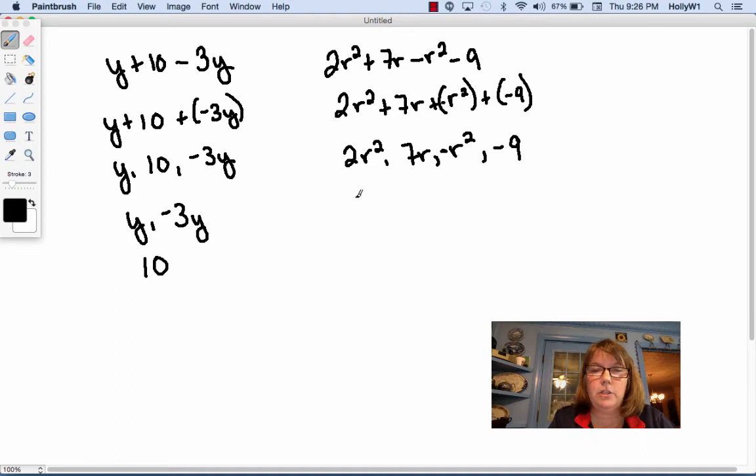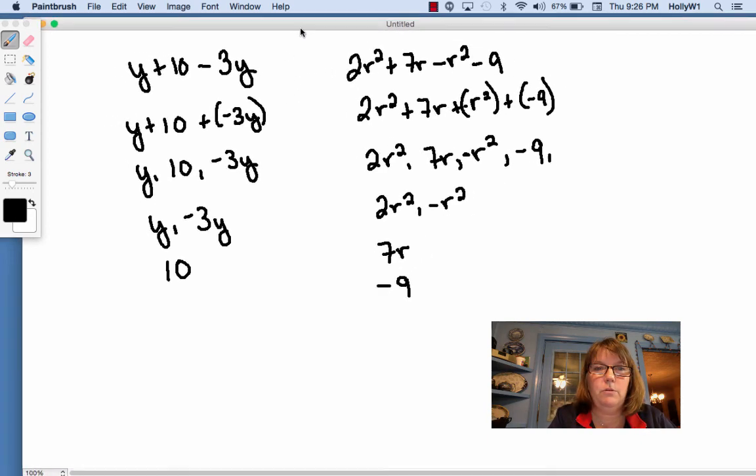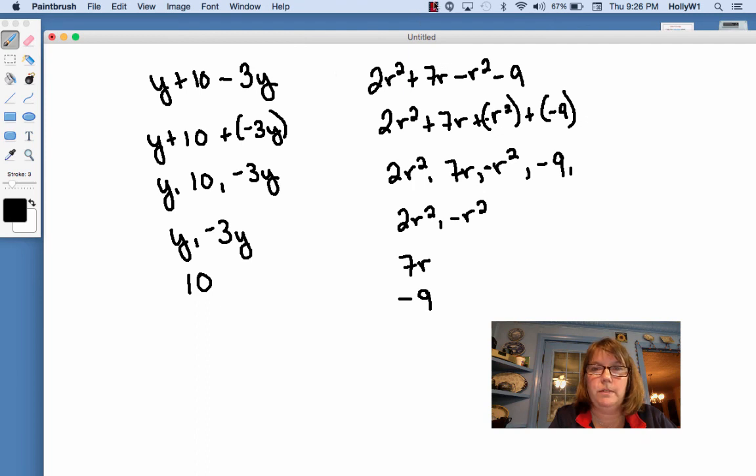Like terms: 2r squared and negative r squared are like terms because the variable is r and they're squared. 7r is by itself because there are no other terms that are just r to the first power. And negative 9 is a constant, and it is also by itself because it's the only constant in the expression. So that's how you identify like terms and terms in an expression.